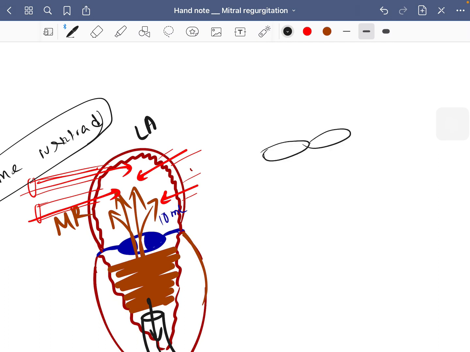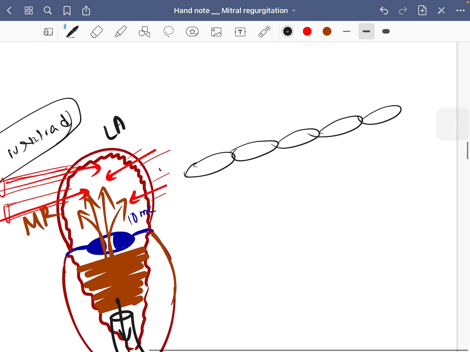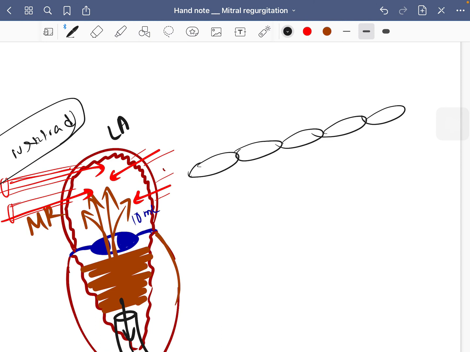Suppose these are some cardiomyocytes. I have drawn some cardiomyocytes there. How many cardiomyocytes are there? 1 2 3 4 5. Now I have added 5 more cardiomyocytes.